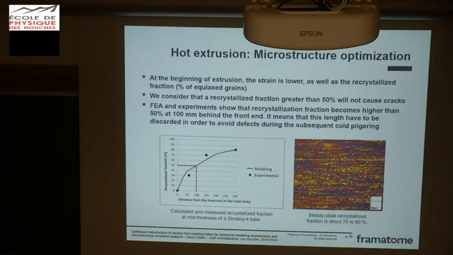And it already explains that if we want to roll this kind of microstructure with some heterogeneities, we will have some cracks. We know by experience that we have to cut the beginning of the tubes in order to reduce the cracks during cold rolling. And at the end, we can also use this model to modify the extrusion parameters like temperature, extrusion rate, and so on, in order to improve the recrystallization rate.